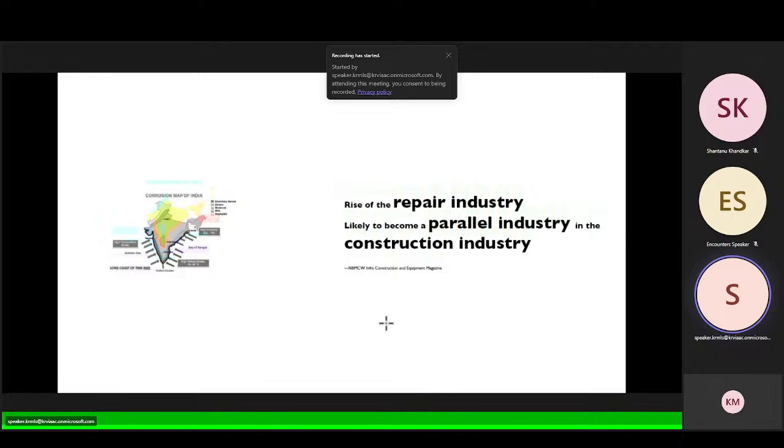What this article is saying is that there is a lot of work, but we need more architects and more designers to think about this, because it requires aesthetic, it requires care and sensitivity. So the rise of the repair industry is likely to become a parallel industry in the construction industry.